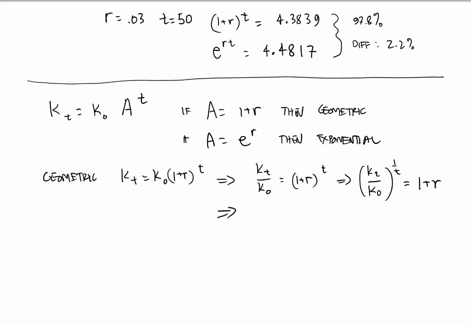So in the geometric growth model, that's the average growth rate r in the geometric model. It is going to be the t-th root of k_t divided by k_0, minus 1. That looks like, let's make that look like a 1 over t.